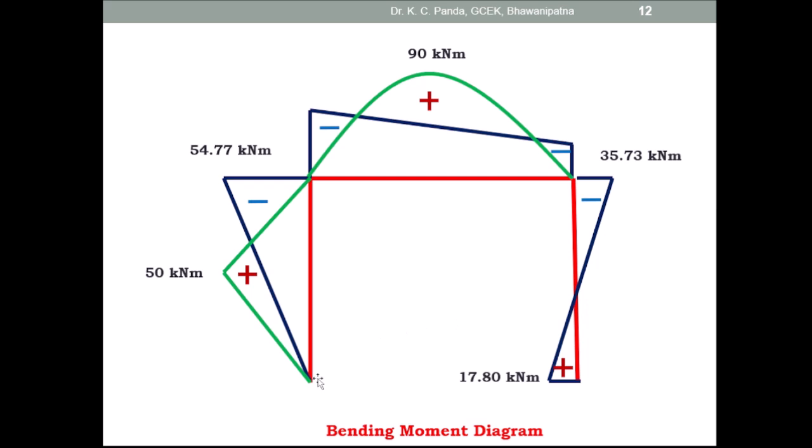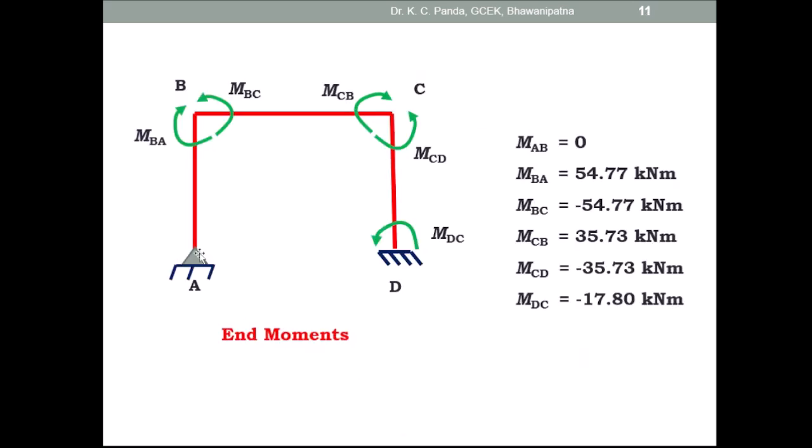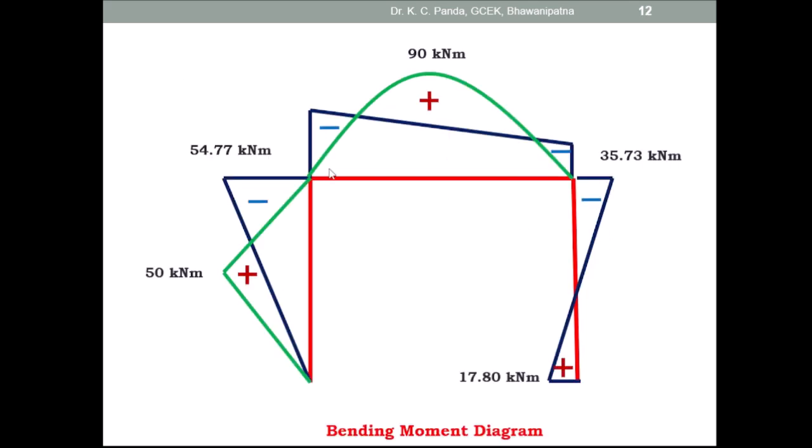Then you can draw the final bending moment diagram. Here there is no moment, but on this side the moment MBA is equal to 54.77. So you take 54.77 here and no moment at the other end, and join them.